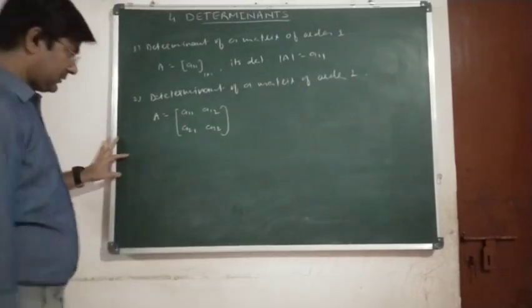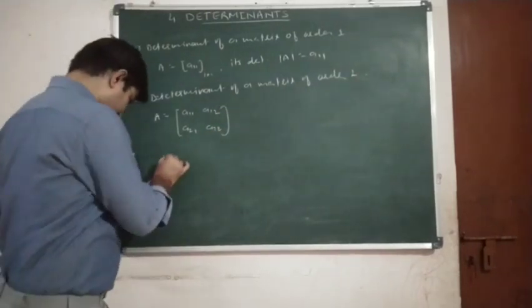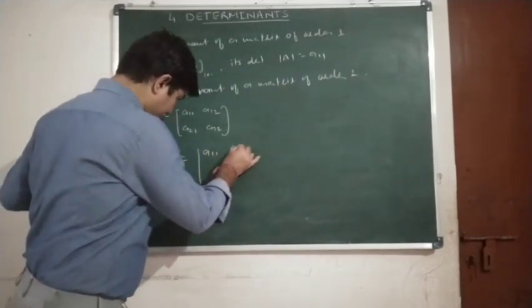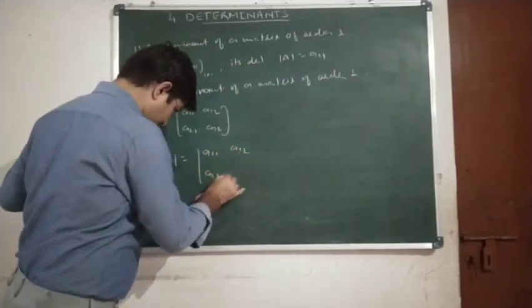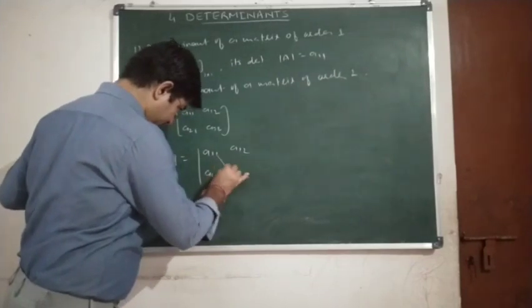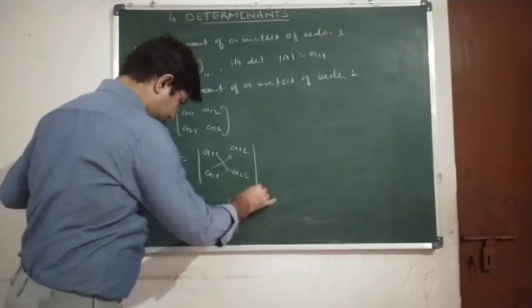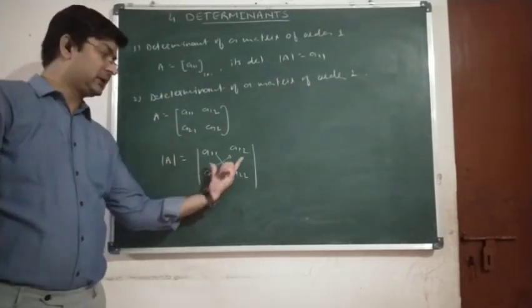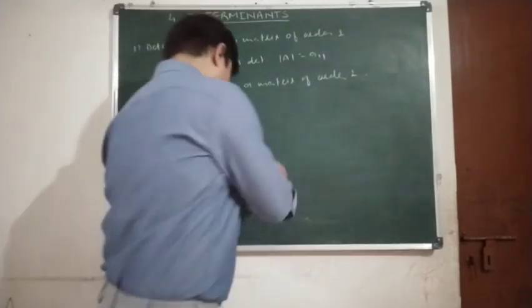Then the determinant of the matrix A is given by A11, A12, A21, A22, which is equal to the product of diagonal elements minus product of off-diagonal elements.